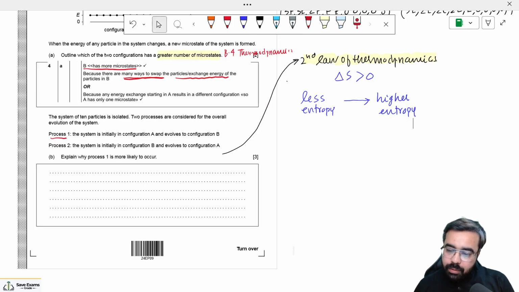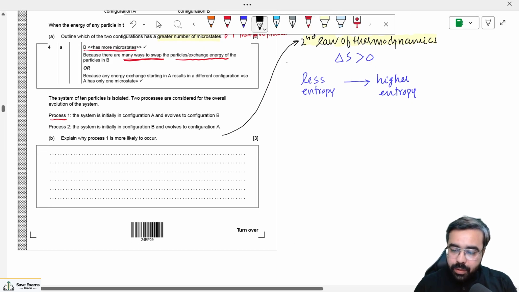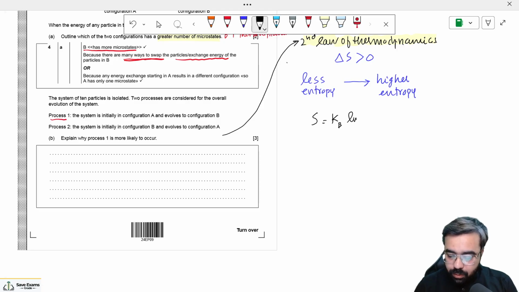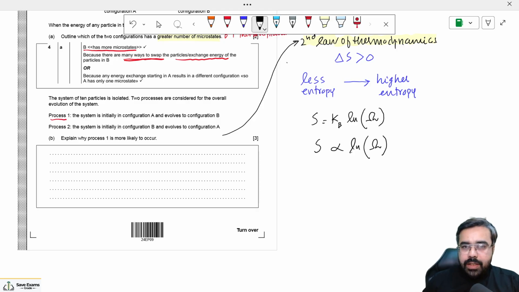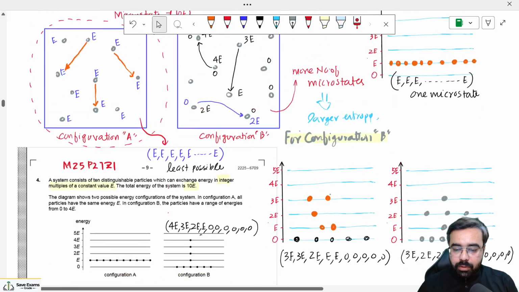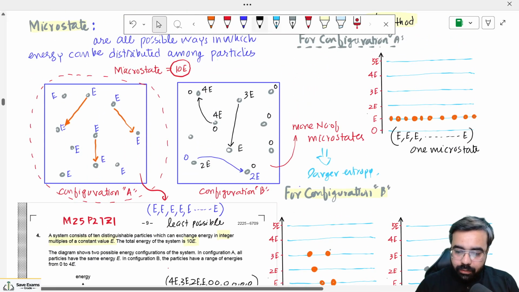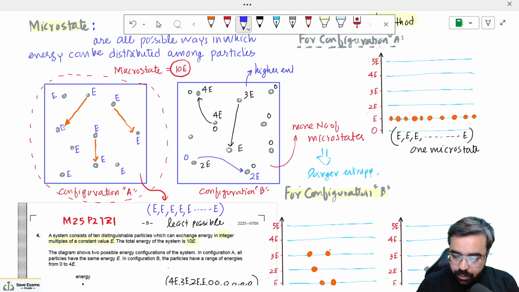Now, when we see our microstates, by the way, you know this equation already, that S is equal to the Boltzmann constant times the natural log of the number of microstates. So your entropy is directly proportional to the natural log of the number of microstates. It means that the configuration which has more microstates, obviously configuration B, has a higher entropy without a doubt.